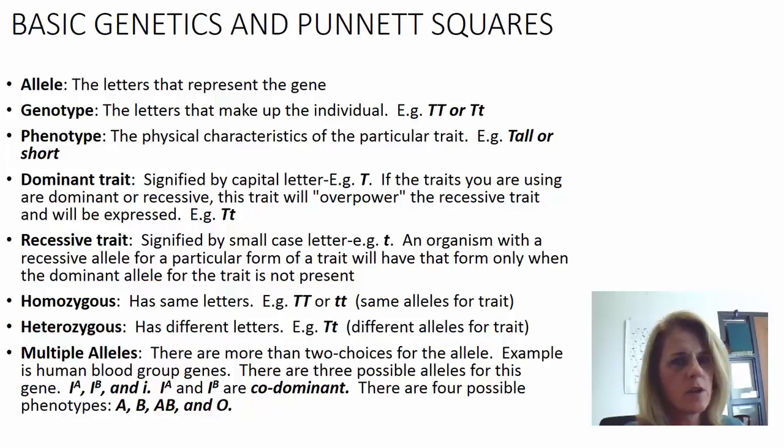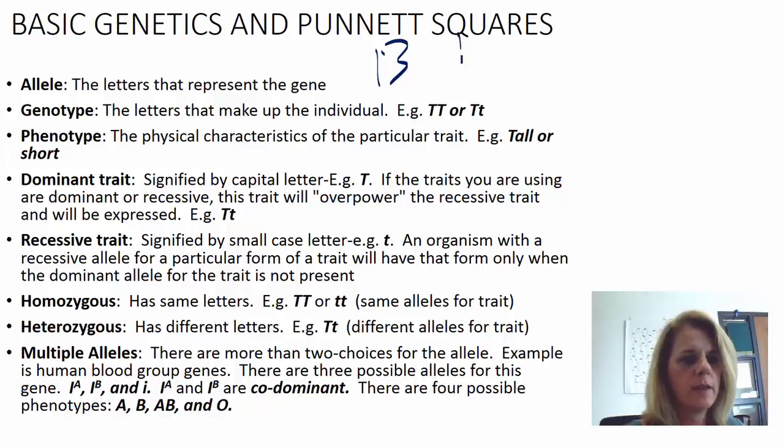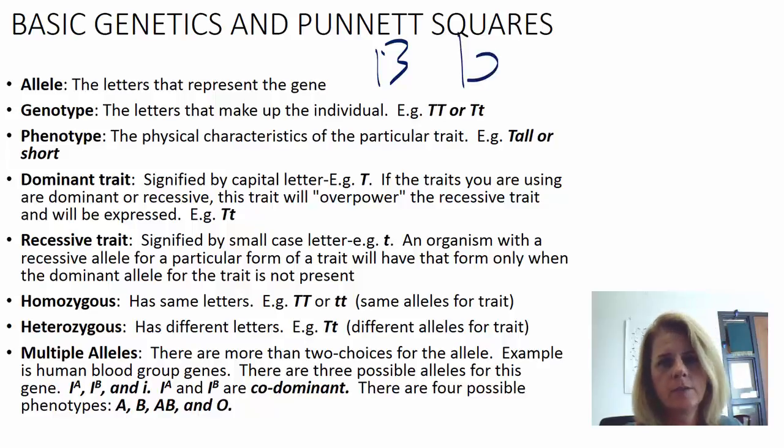For example, if I'm talking about brown eyes and blue eyes, I may use a big B as shorthand for the brown eye gene, and a little b to represent blue eyes. That's just a representation. So the allele is the letter that represents the gene.